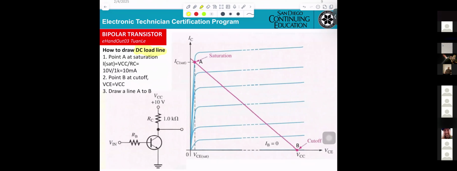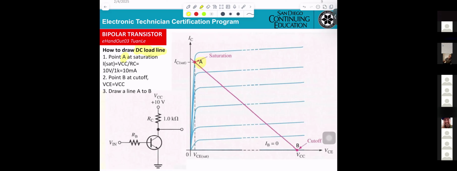Okay. In order to draw this line, first thing, point A, right here, at saturation, I saturate equal VCC divided by RC. Okay.